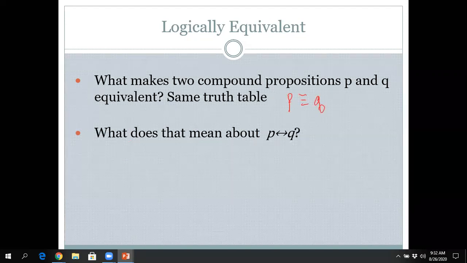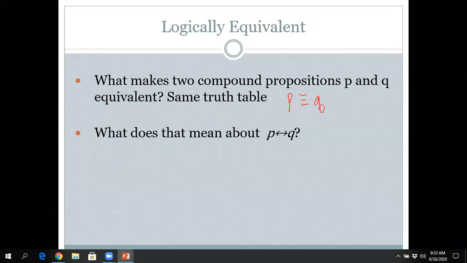And by the way, I'm letting P stand in for perhaps a really complicated statement, kind of like what I did with capital A and capital B earlier. Remember that? P could be some really complicated proposition that consists of all sorts of logical connectives and propositions inside of it. But I'm assuming that P is equivalent to Q. What does that mean about P if and only if Q?